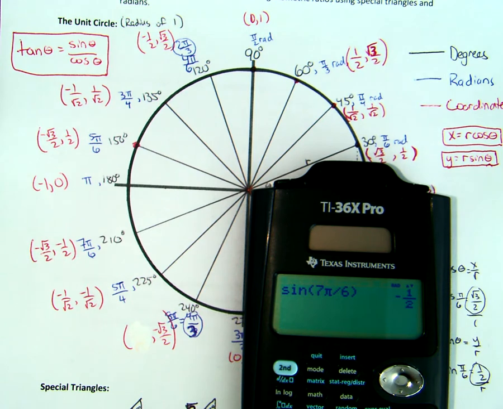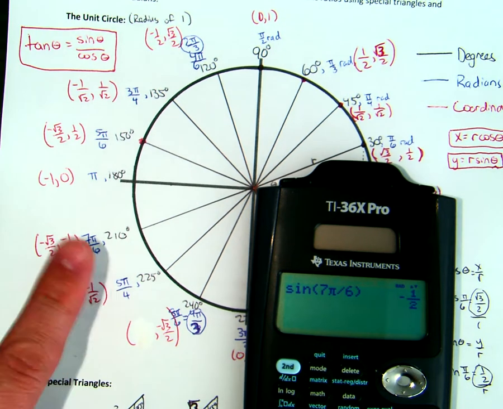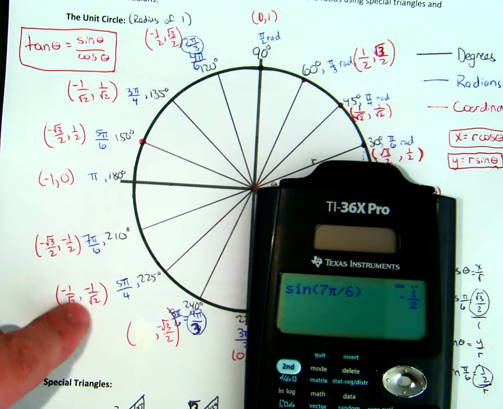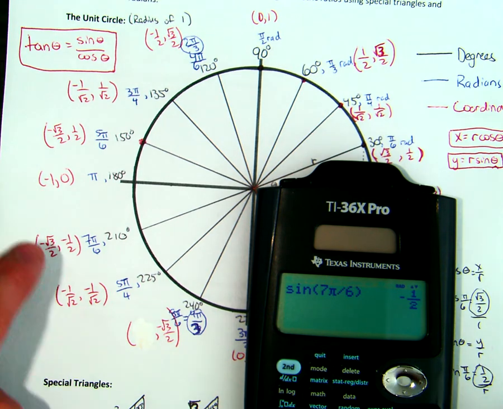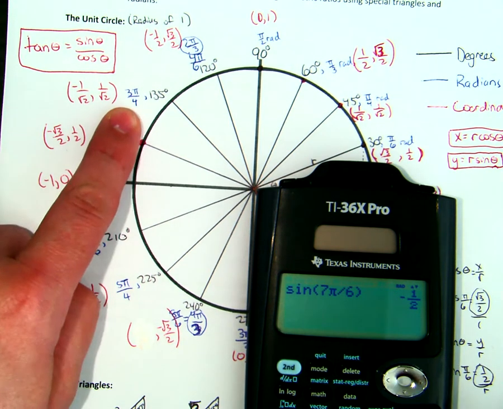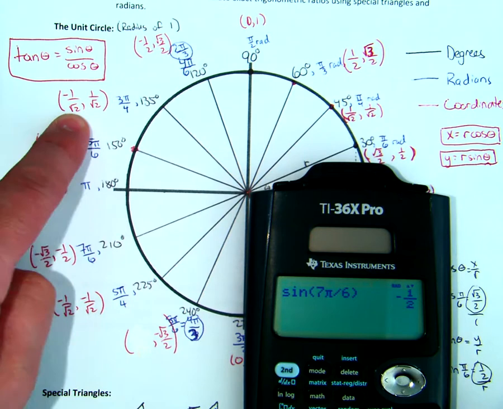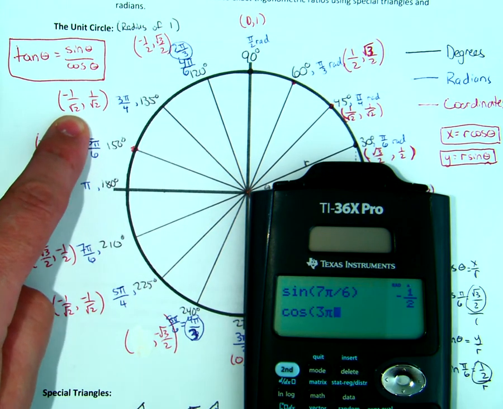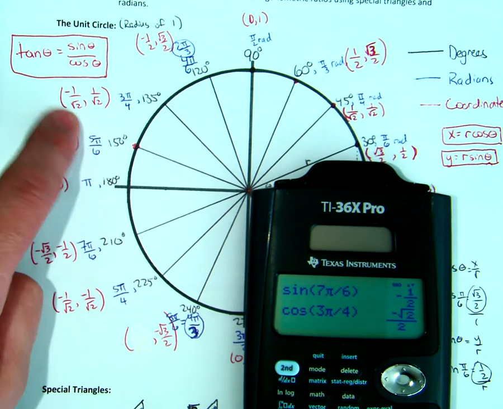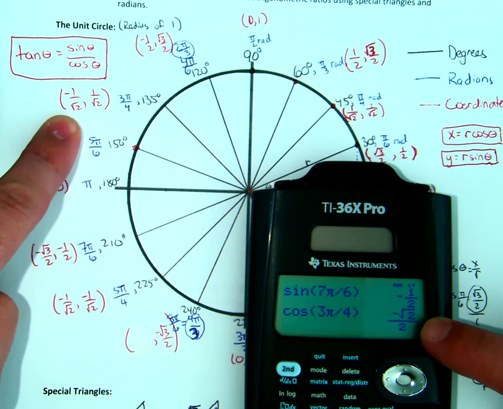If I wanted to work out, I'm going to leave the 45s for a second until we start rationalizing, because well, let's try it, what the heck. Let's try 3 pi over 4. Cos of 3 pi over 4 should be the x-coordinate, should be negative 1 over root 2. So cos of 3 pi divided by 4, and I get negative root 2 over 2. So that is the same as this.